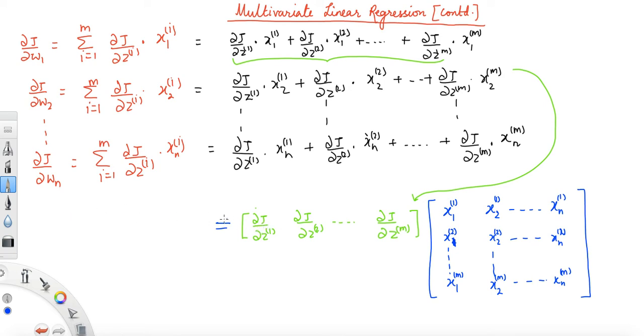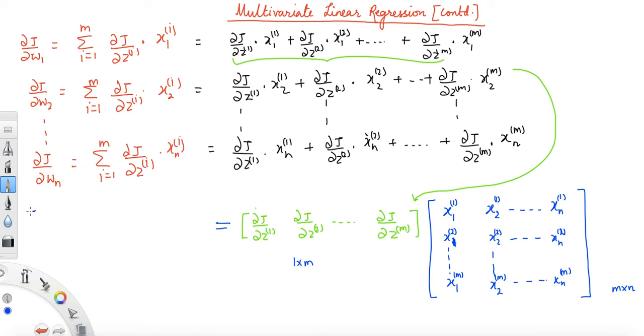So we can write this basically as 1 times m, the dimension of this is 1 times m. And what is the dimension of this? This is 1 1, and we can see that m rows are here, so m times n. So 1 times m, m times n, when we multiply it, we'll be getting 1 times n here.